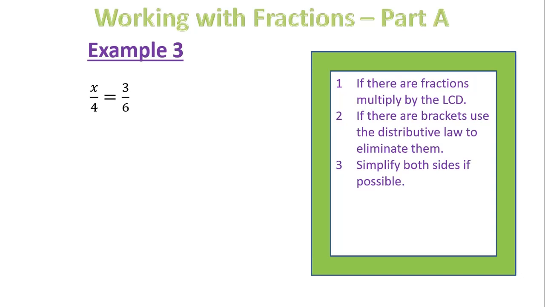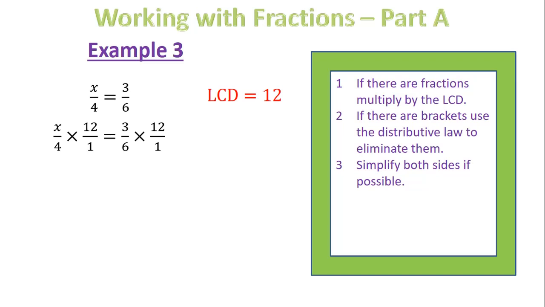Therefore, my lowest common denominator would be 12. Now I need to multiply both sides by 12. So I have x over 4 times 12 over 1. And that equals 3 over 6 times 12 over 1.